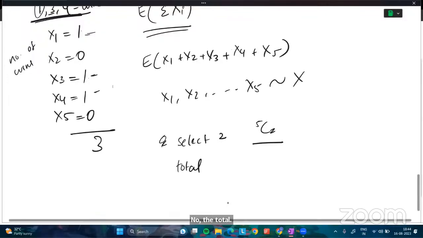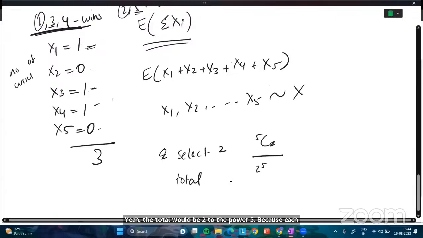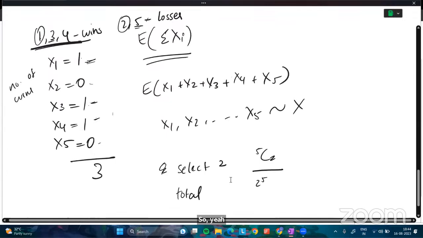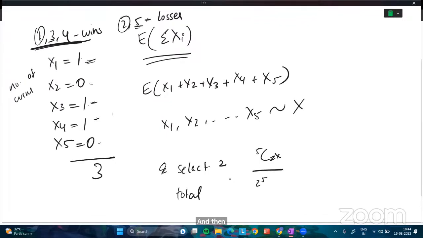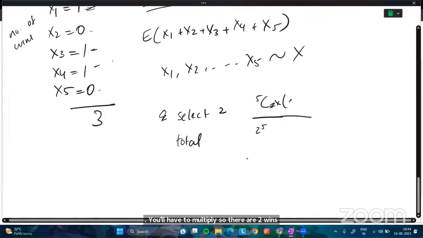The total would be 2 to the power 5, because each match could either be won or lost. And then you'll have to multiply 5C2 by the probability. So there are 2 wins, and the probability of winning is 0.6, so into 0.6.